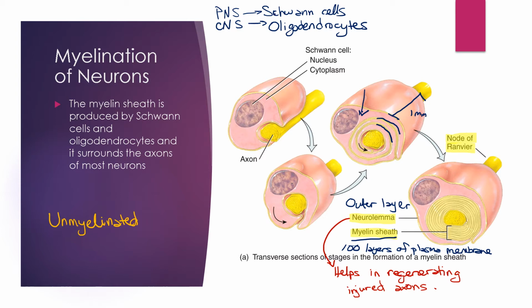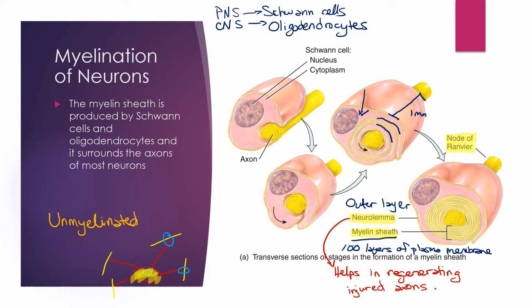Because we can have this cell here, this would be an oligodendrocyte, for example, that sends out its processes to lots of different axons of different nerves, but the plasma membrane surrounding the nucleus and all the cytoplasm is all going to be present here. It's not around these axons.